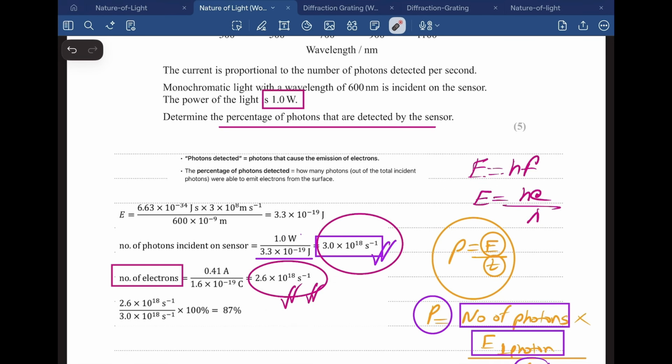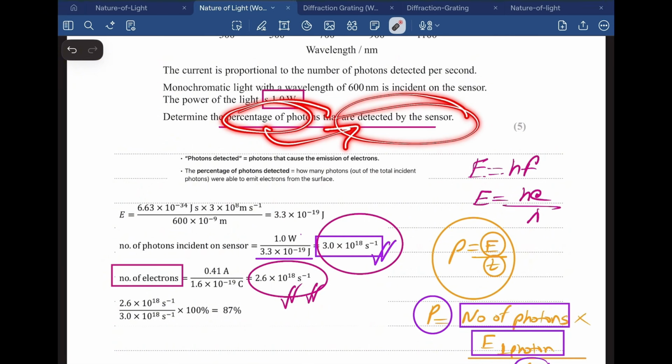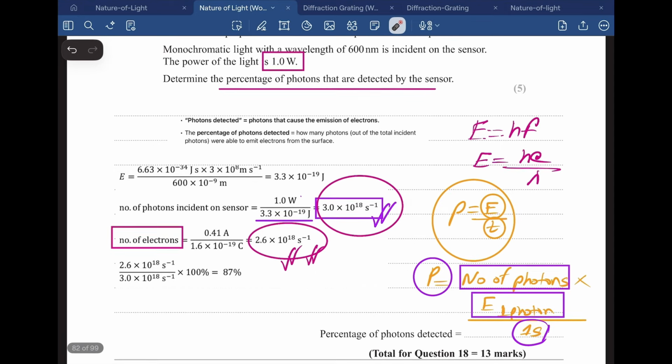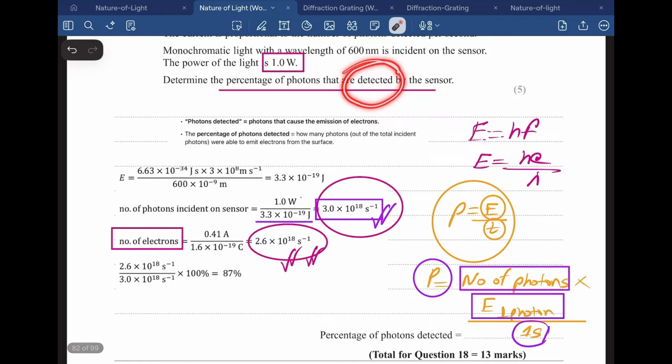So now the question says the percentage of photons that are detected by the sensor. The percentage of photons detected by the sensor is the number of electrons emitted divided by the total number of photons, times 100%. So this is also basically the number of photons that had energy greater than the work function which was required to emit an electron, and only those photons were detected by the sensor, and the other ones were not detected.